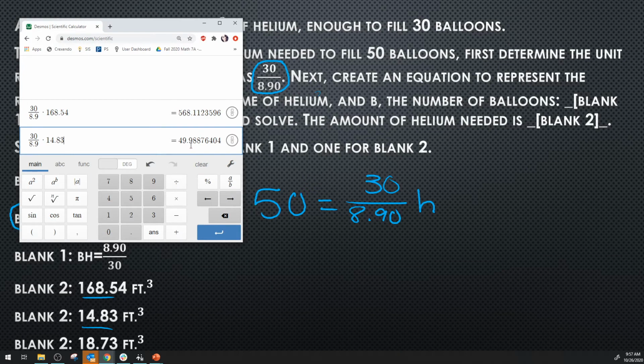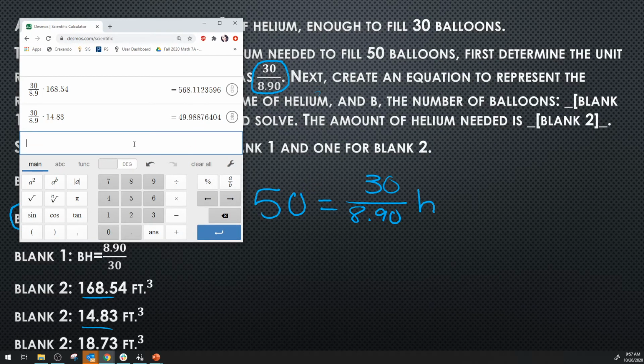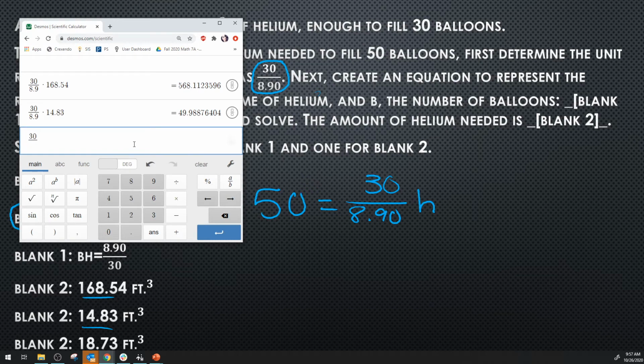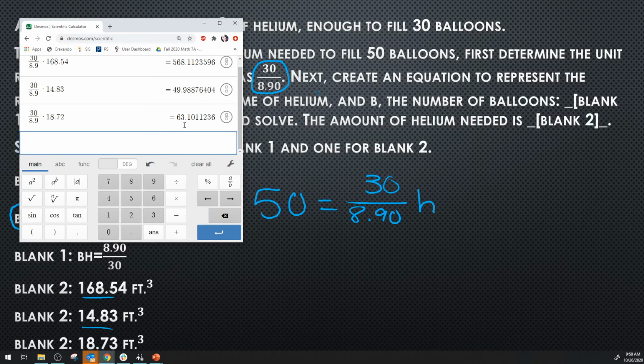If I look here, this 49.98, I could very easily round this up to 50. Let's double check that last one just to be 100% sure, and multiplying it by 18.73. Yep, this one is definitely over 50, which means that the amount of helium needed is going to be 14.83, because that is what we multiplied here to get this 49.98.